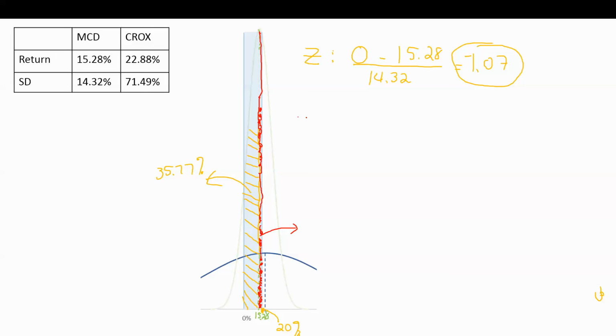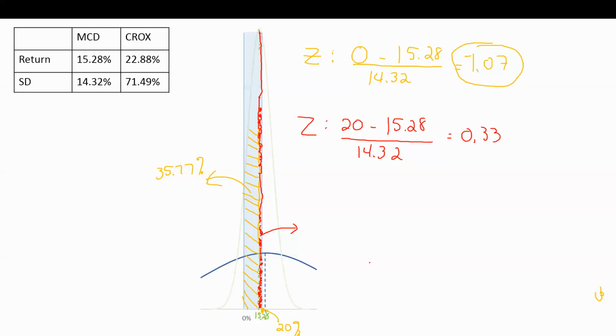To find that, that relates to the 20% desired return. So I'm going to go 20 minus the mean of 15.28. Divide that by the standard deviation of 14.32. And I get 0.33. And it's positive this time.